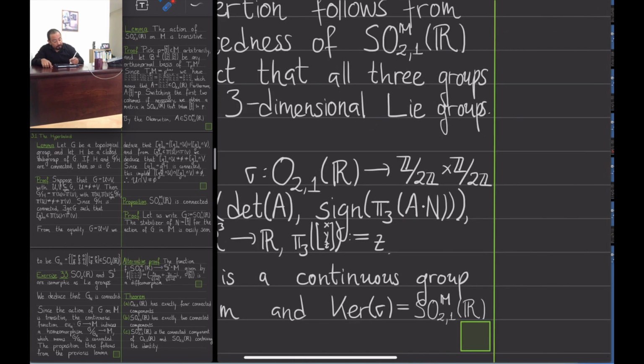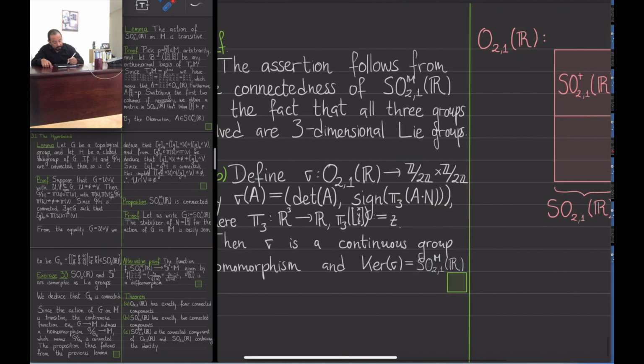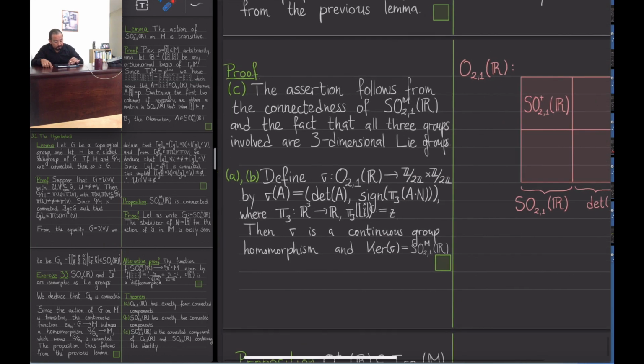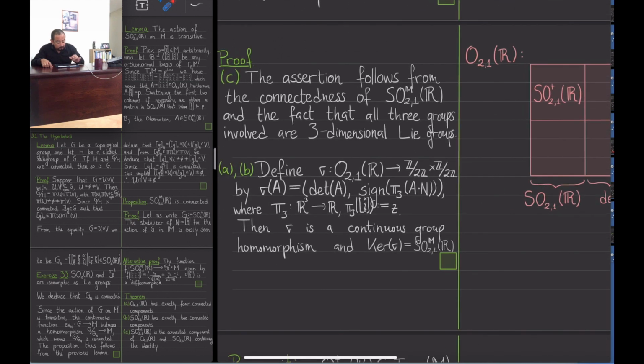And then you see A goes to A dot n, multiplying with the North Pole, it's continuous. Then taking the third coordinate of a vector is continuous, and taking the sign of a non-zero number is continuous. Right, and the third coordinate is never 0.